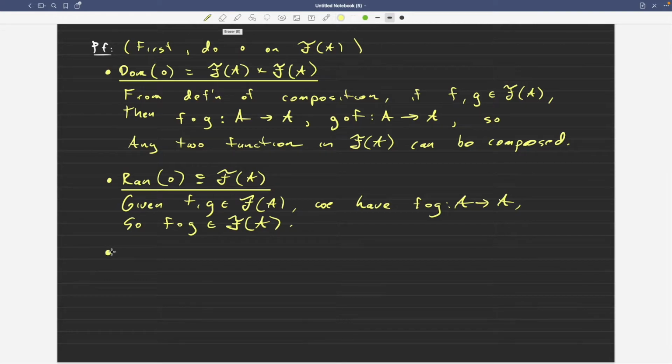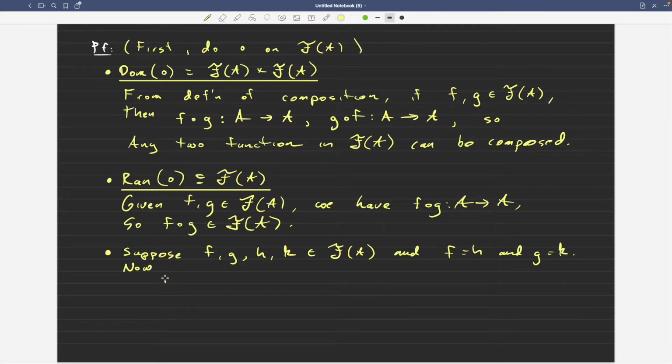And so then the function property. Let me say where these things live. Suppose f, g, h, and k are elements of F of A, and then we have some equal things. Let's suppose f equals h and g equals k. Now if we look at f composed with g, and let's put in a value x from A, according to our notational conventions, this is the same as f of g of x, right?